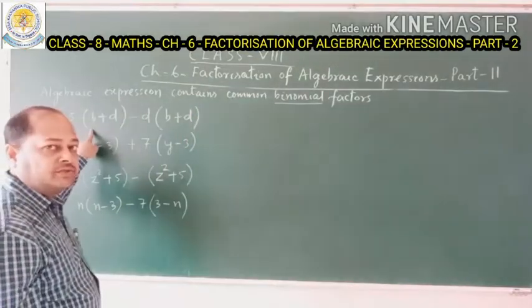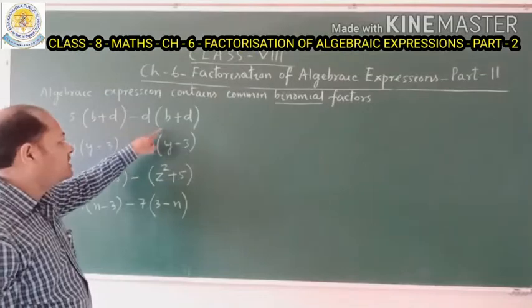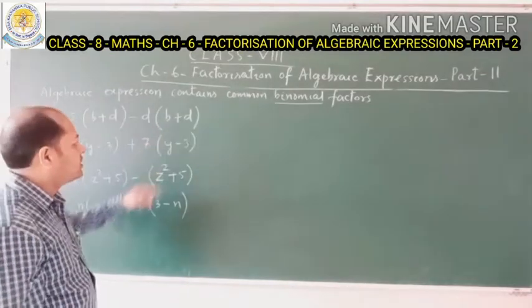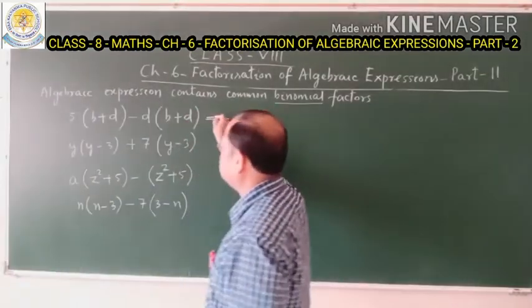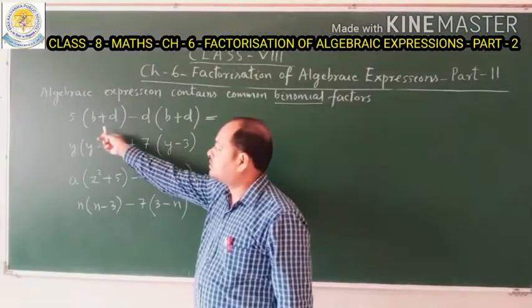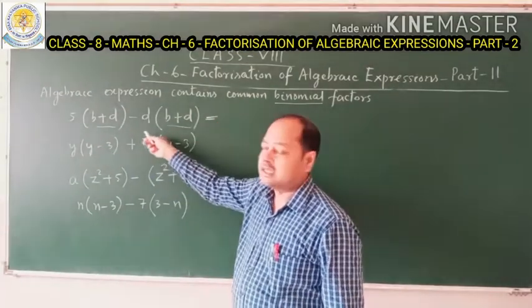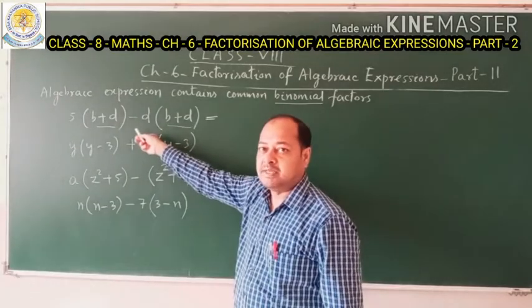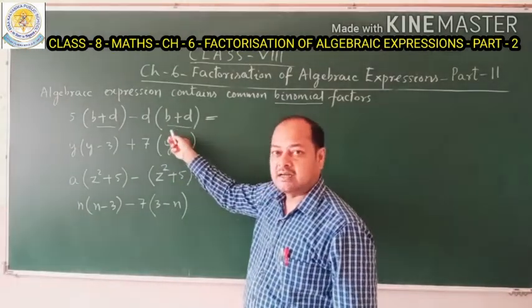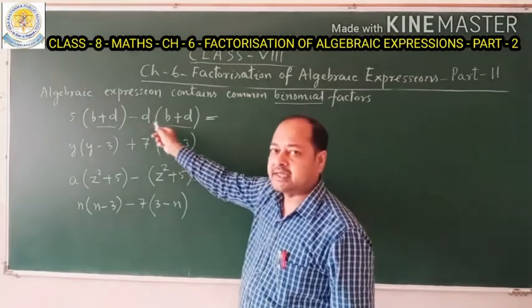Look at this example here: 5 into b plus d minus d into b plus d. How can you write this expression? Here b plus d and b plus d are common in this algebraic expression, so we can take it as common.